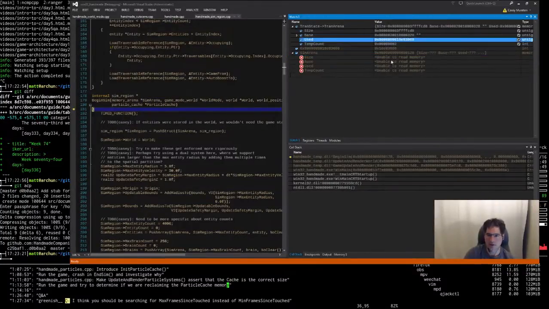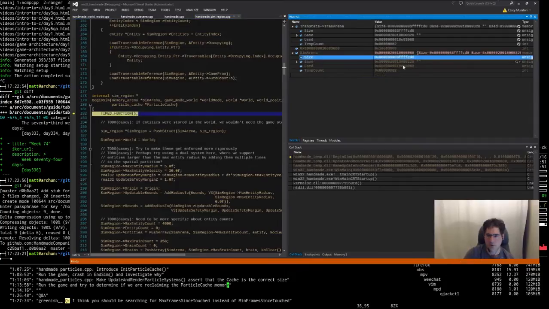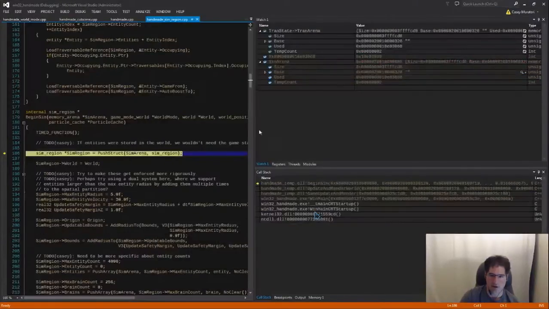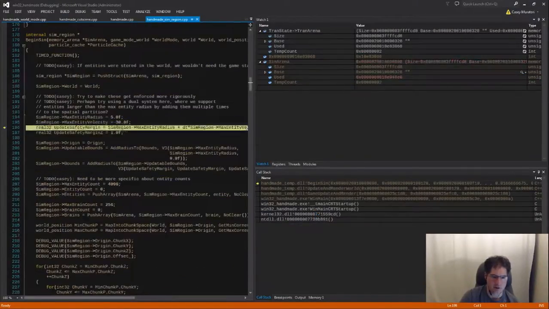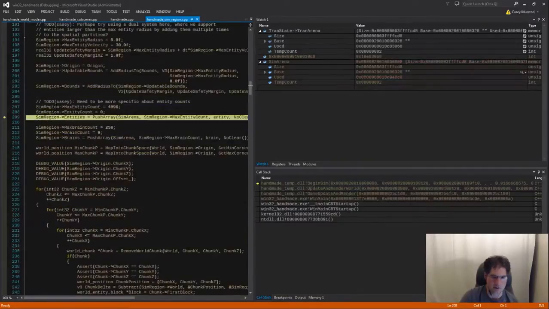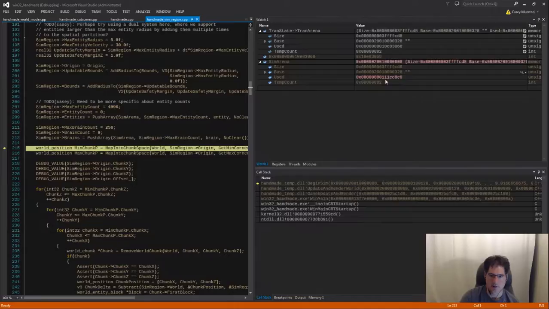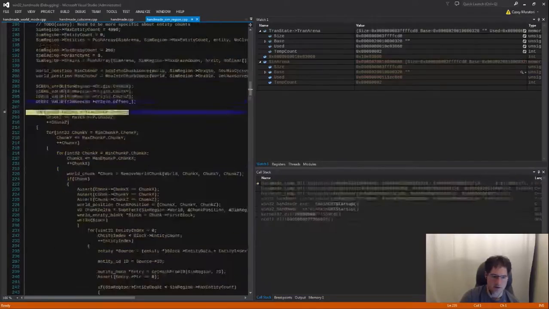Right, so there we are with the memory where we expect it to be, which is good. We push it on and it goes up, which is good. We come down through here and we start pushing arrays on here. So it should go up again and up again, and that's all good.